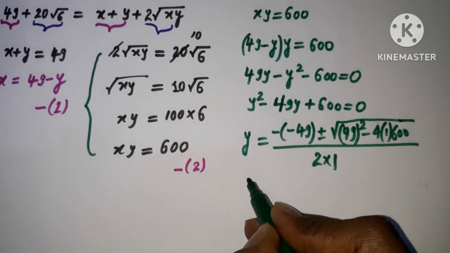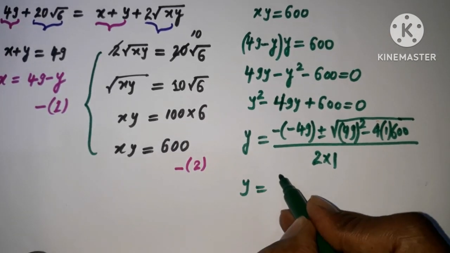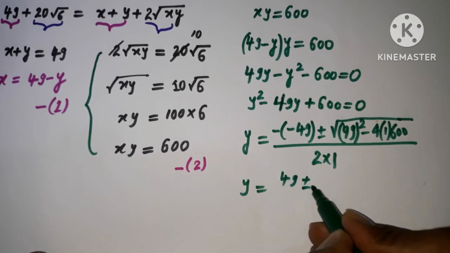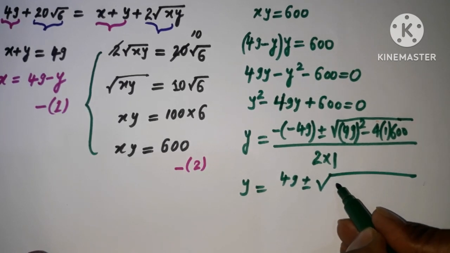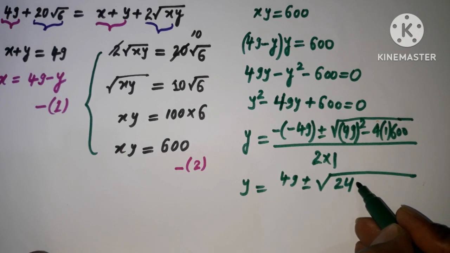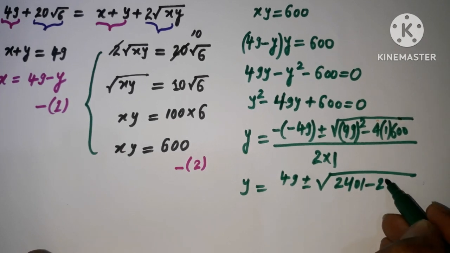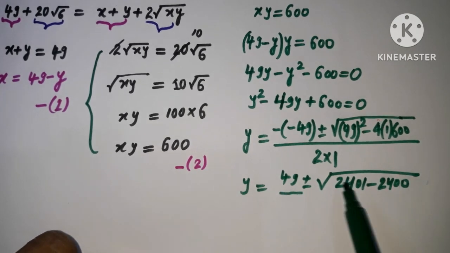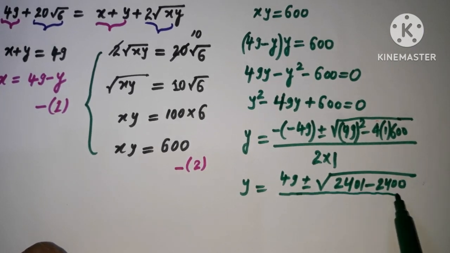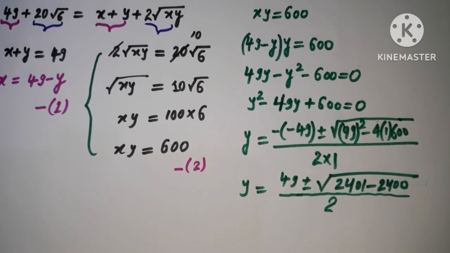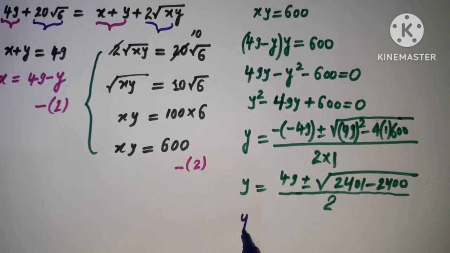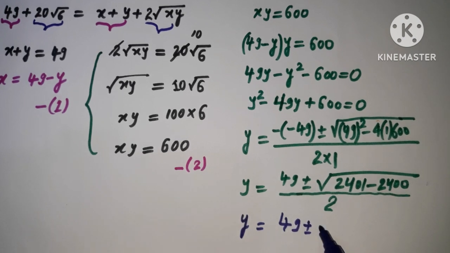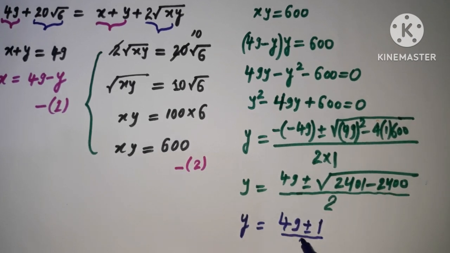Now we have y equal to 49 plus minus root under 2401 minus 2400, simplifying this one, and this value is going to be divided by 2. So we are getting y equal to 49 plus minus root under 1, that is 1, divided by 2.